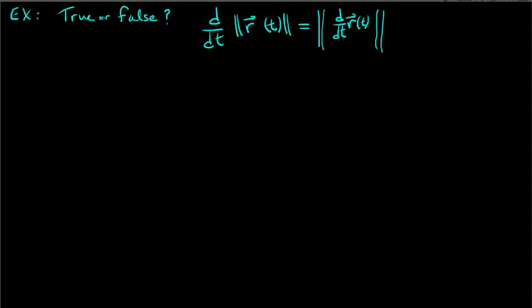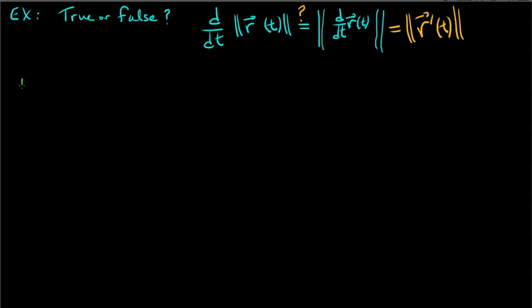So another way to write the norm of the derivative, we could just write the magnitude of r prime, if you will. But does that equal the derivative of the norm of r itself? So true or false, what I mean is, is this always true for any vector valued function?